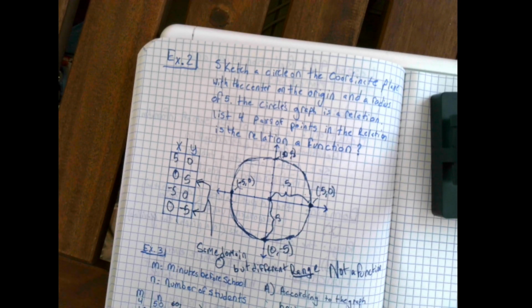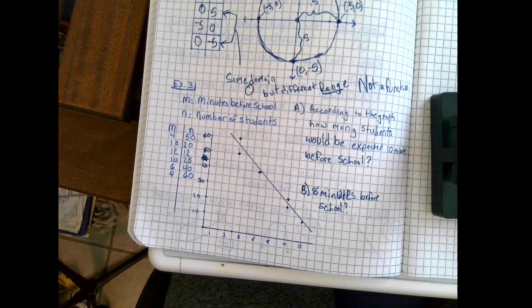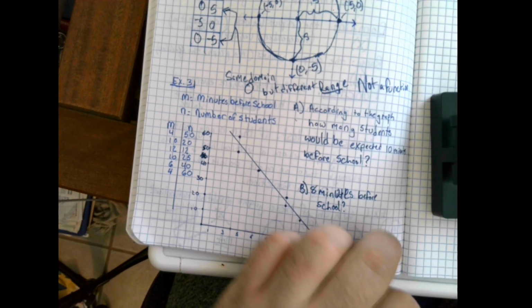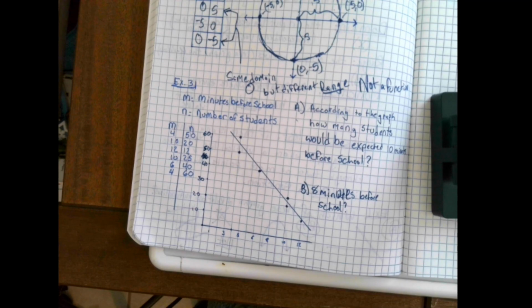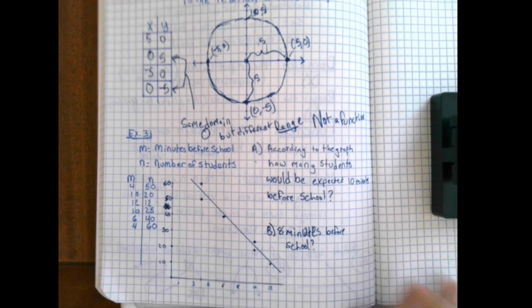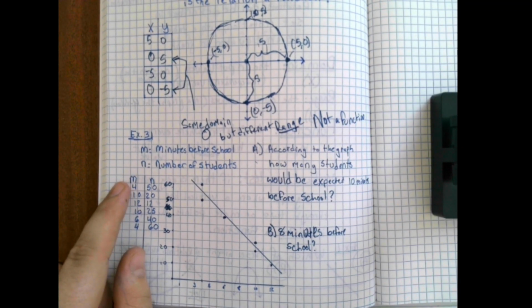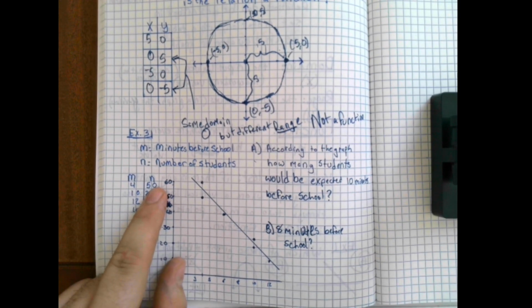Now, example 3 gives us a graph of a student who had a timer for the time before school started, and in addition to his timer, he also counted the number of students who were at school. So, we've graphed that here. If there were 4 minutes before school, he saw there were 50 students.